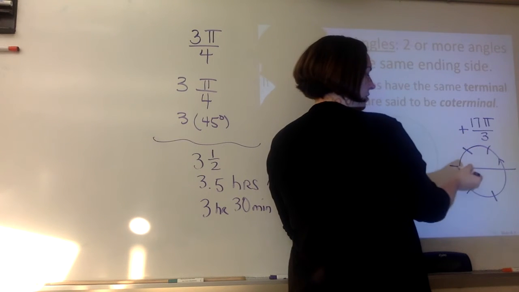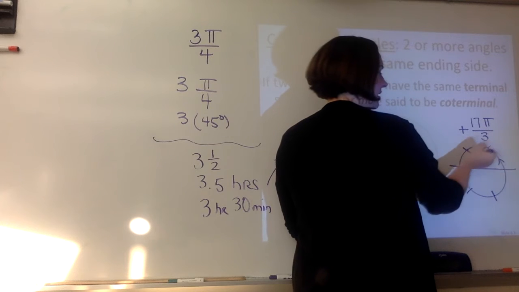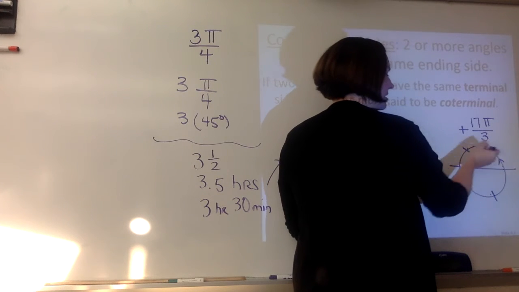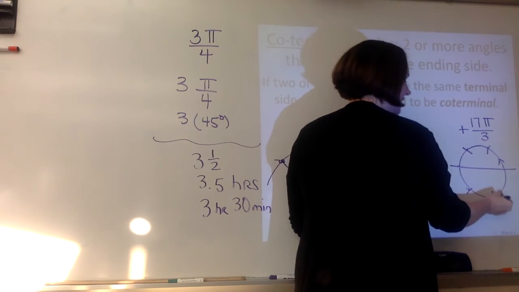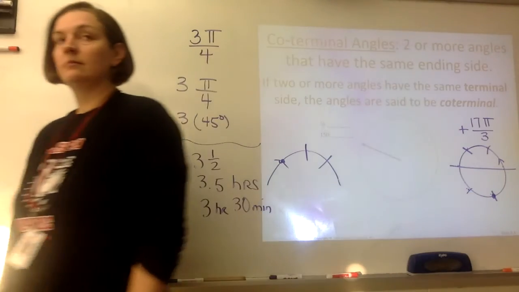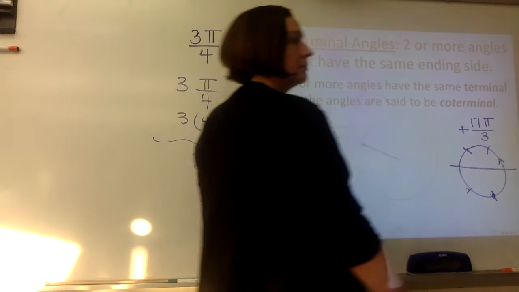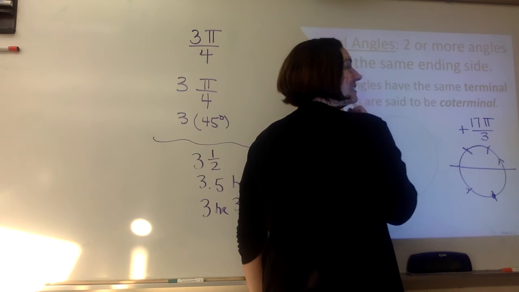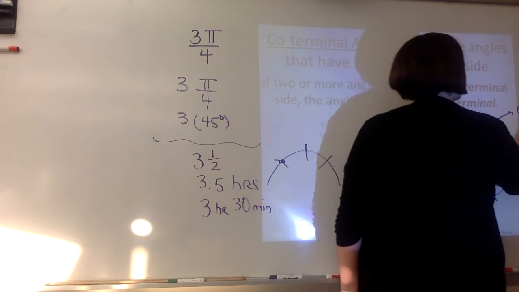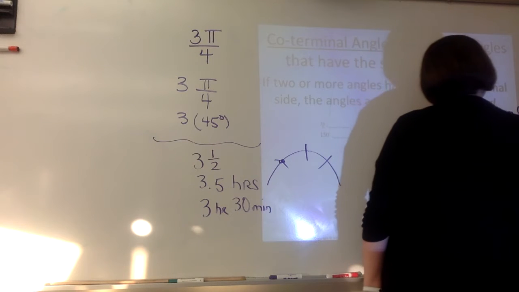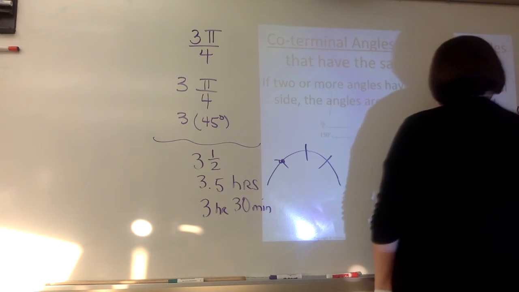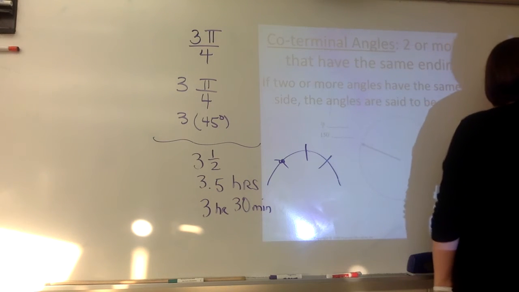1, 2, 3, 4, 5, 6, 7, 8, 9, 10, 11, 12, 13, 14, 15, 16, 17. Does that make sense?